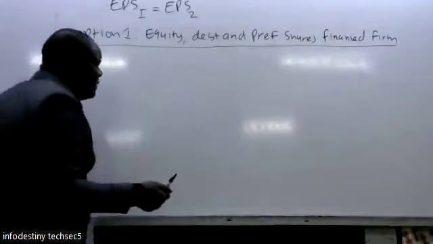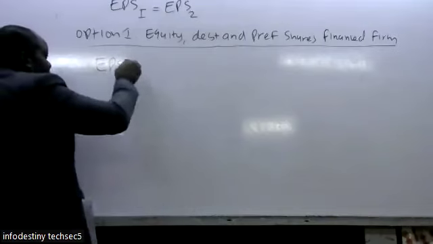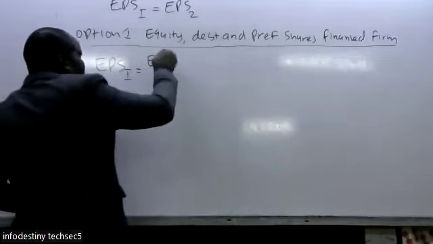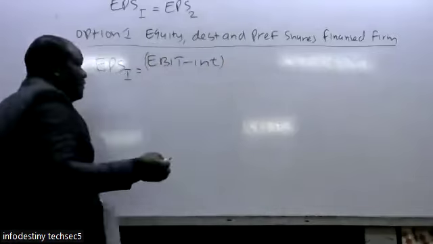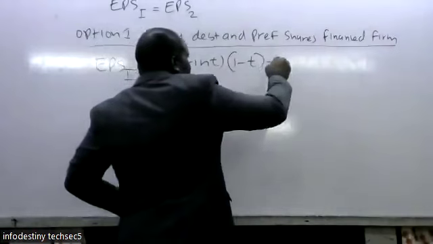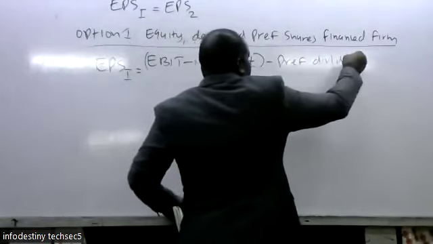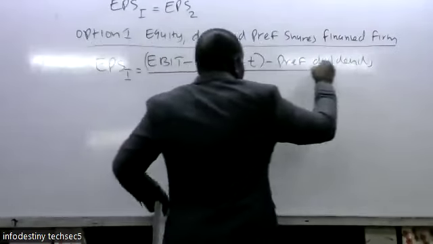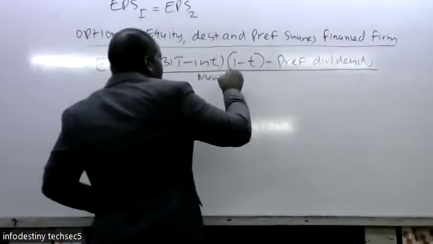So if that is the case, earnings per share for option 1 must be equal to earnings before interest and tax, we subtract interest, then 1 minus the tax rate, then we subtract the preference dividends, and we divide by the number of ordinary shares.